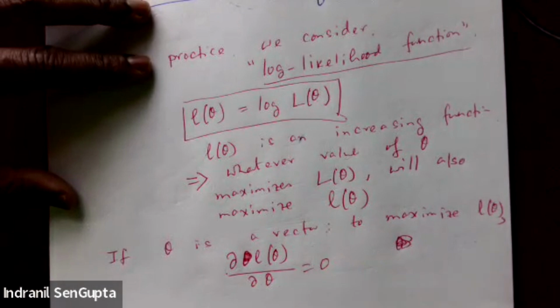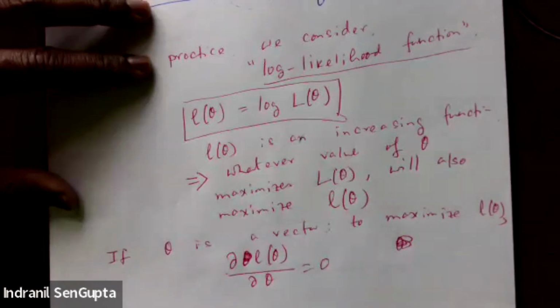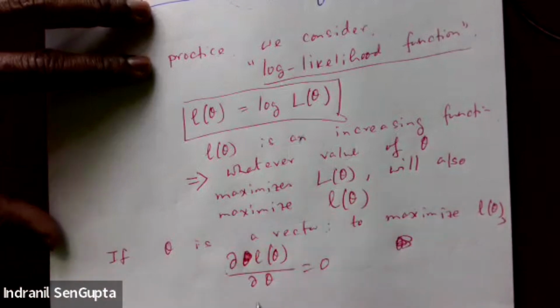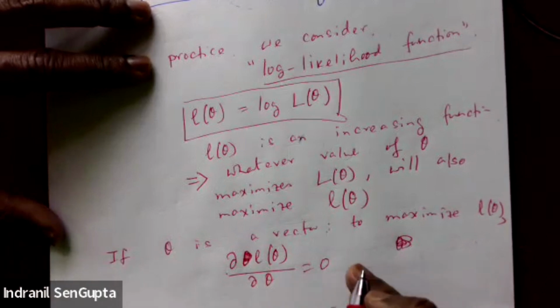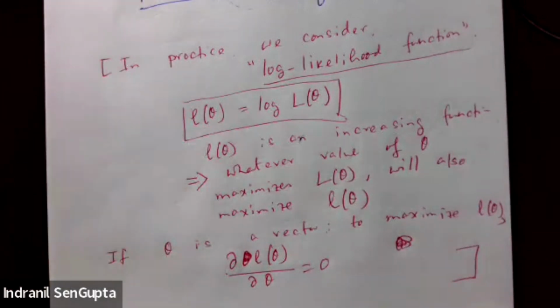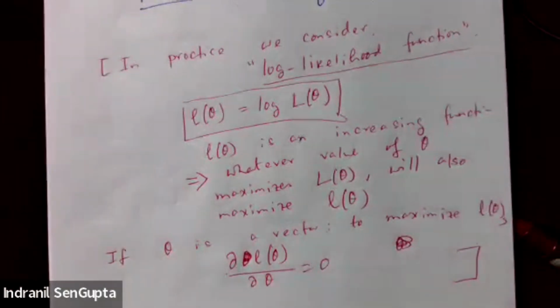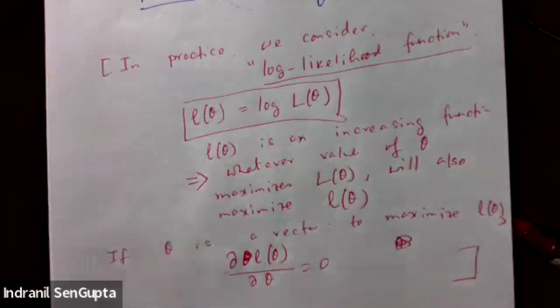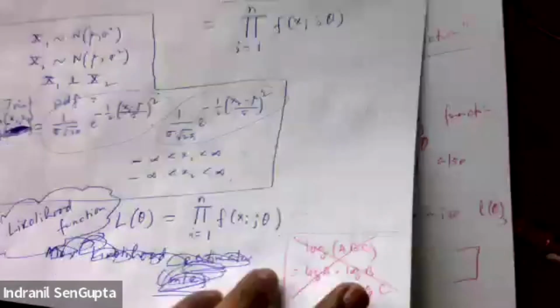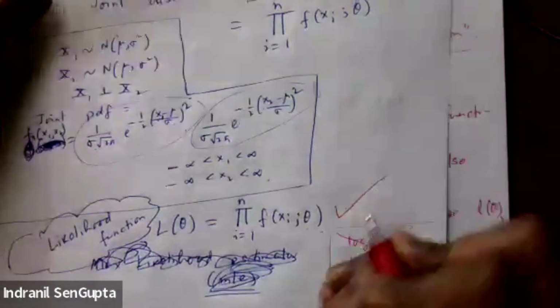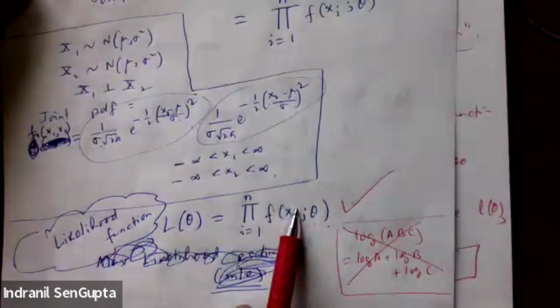That's not really the only condition. You need to consider the second order conditions to check that these critical points are really maximums, but we'll do that later. This is the general framework. In step 1, we find a likelihood function like this one.